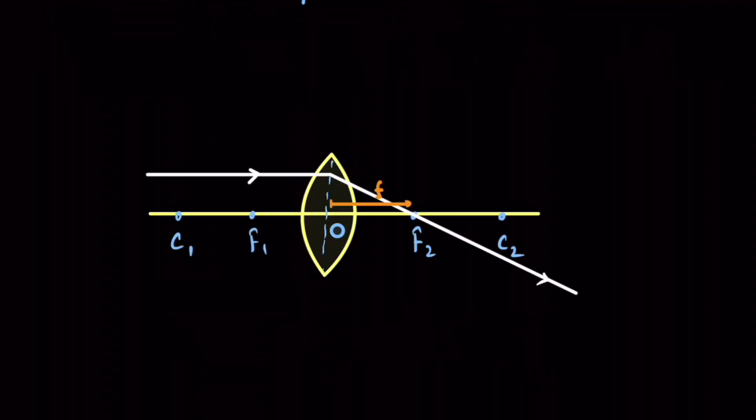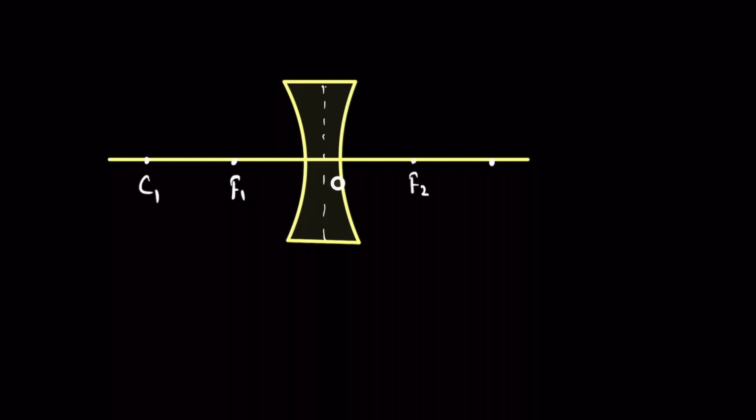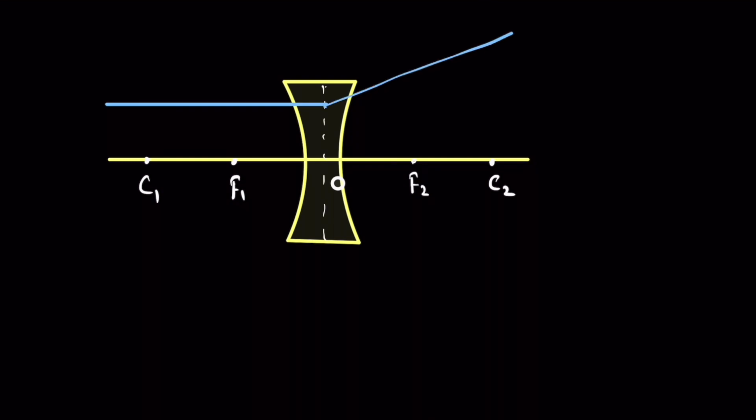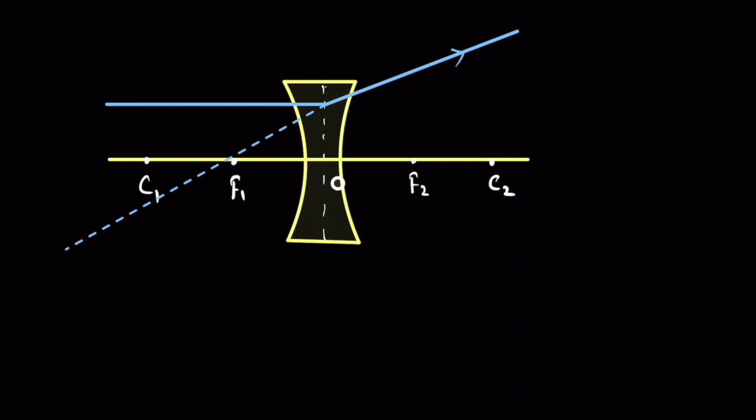Similarly, if we draw a concave lens, this is our optical center. Here is the F1, C1, F2, C2. If we take the incident ray, it will diverge, and then its refracted ray will trace the path. So in concave lens, focal length is on the left side.